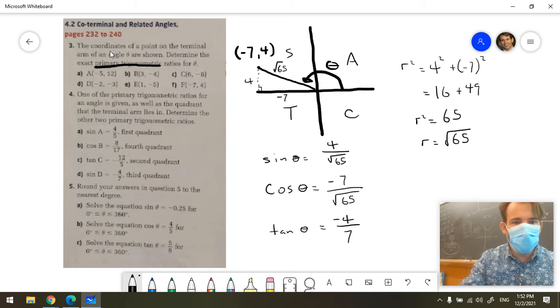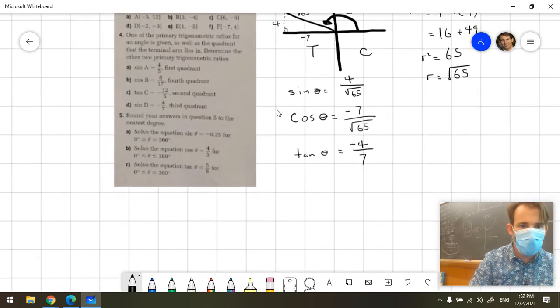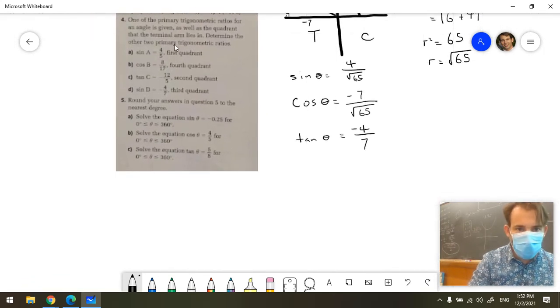So now, one of the primary trigonometric ratios for an angle is given, as well as the quadrant that the terminal arm lies in. Determine the other two primary trigonometric ratios. Okay, well, that's all the information that we need to do that. So let's go for it. Let's do tan C. Tan C is negative 12 over 5, and it's in the second quadrant.